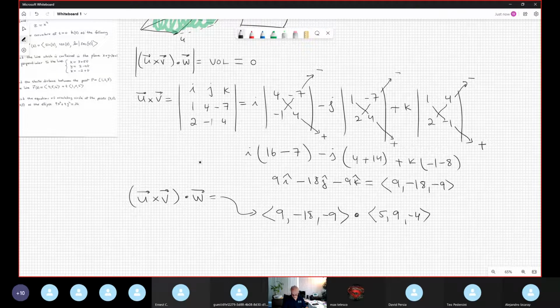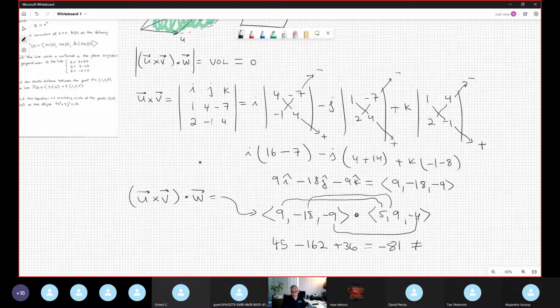Remember, component by component, you multiply: 45, positive. Well, 18 times 9 is minus 162. And this and this together is 36. And 36 plus 45, no, the answer of this is -81.